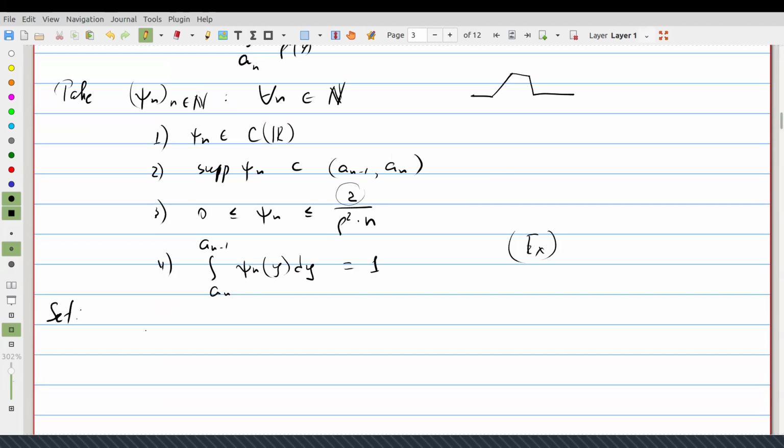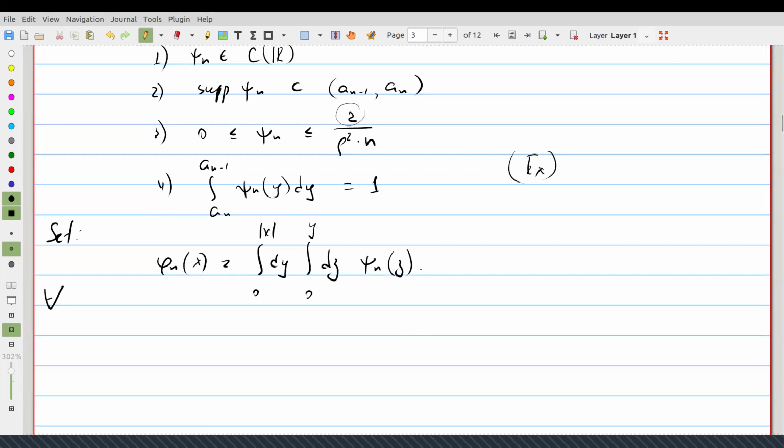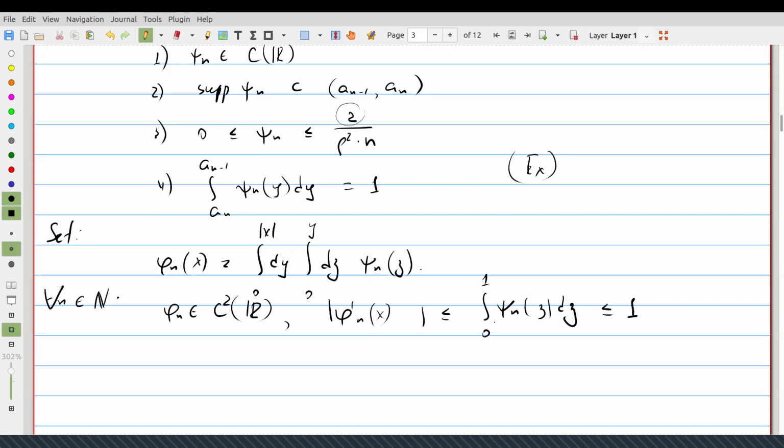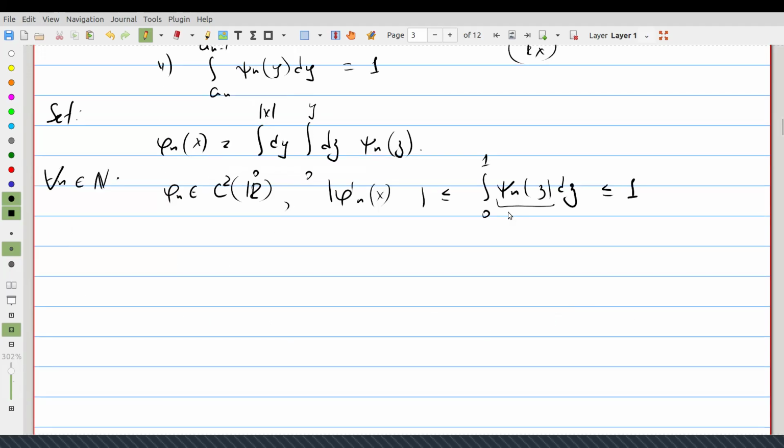And our approximation of the modulus is as follows: phi_n of x is the integral from 0 to x of dy, integral from 0 to y of dz psi_n of z. Now, what we have for any n is that this is two times continuously differentiable. Its derivative is less than one, because this lives on a smaller interval, so starting at some point it just disappears.